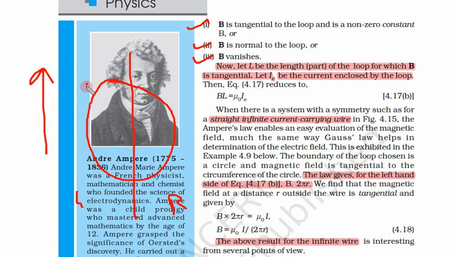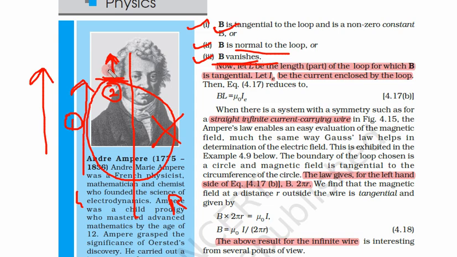So for this part, this magnetic field is tangential. This is the first case. For this part, magnetic field is normal to the loop because we have this element like this and magnetic field in this direction. So this is second condition. Now in third case, there is no magnetic field, so B vanishes.